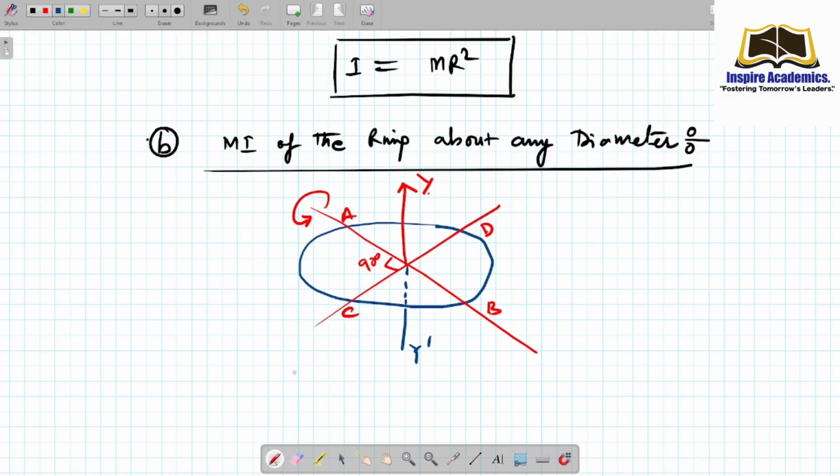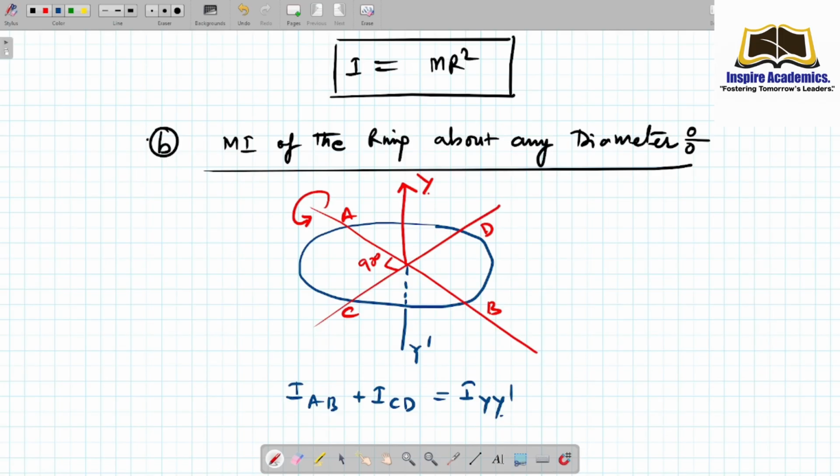So what was the theorem? I AB plus I CD would be I YY. Do you remember? Yes, YY dash, because that is your axis.